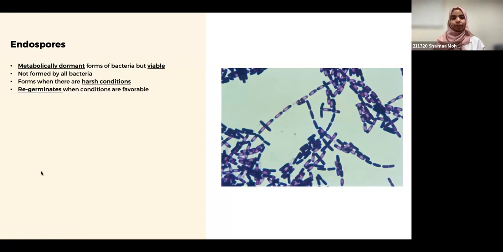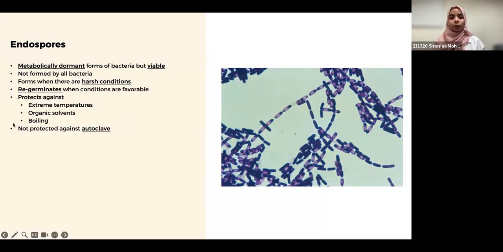So that makes sense? This endospore can protect the bacteria against extreme temperatures, organic solvents, and boiling, okay? Extreme temperatures like extreme hot, extreme cold, organic solvents, and so on. However, endospores cannot survive something called autoclaving, okay? So what happens in autoclaving?